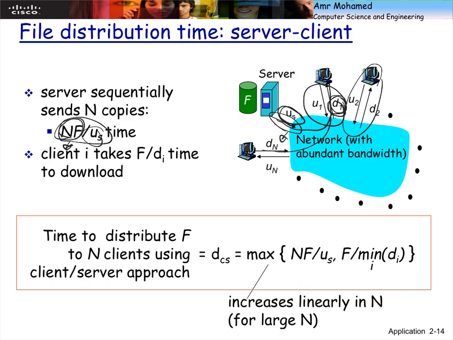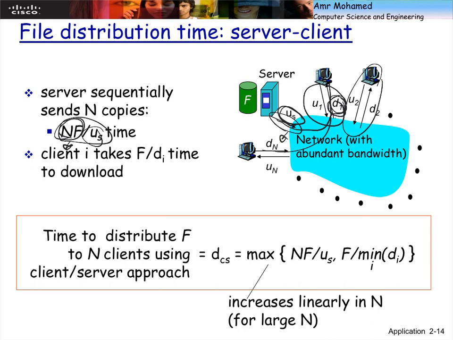I don't understand. So, the amount of information that I'm trying to send is NF. It's fixed for all of them. At the end of the distribution, I need to get F, which is the file size, to all the N clients.